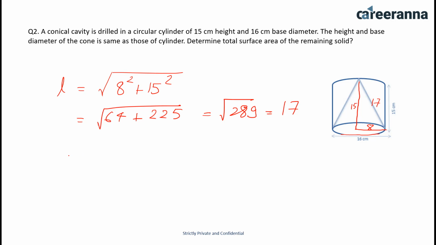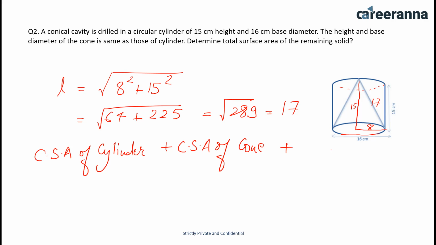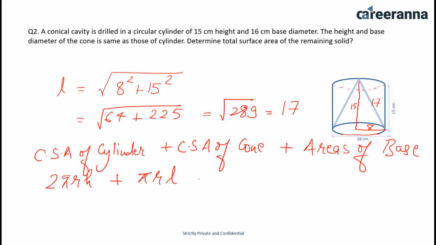Now I need to find the total surface area of the remaining solid. Now total surface area of this figure includes CSA of cylinder plus CSA of cone plus area of base. CSA of cylinder is nothing but 2 pi rh. CSA of cone is nothing but pi rl, and area of base is pi r square.